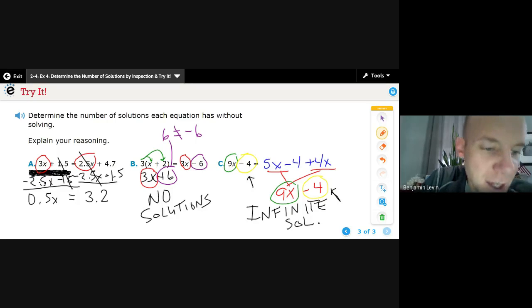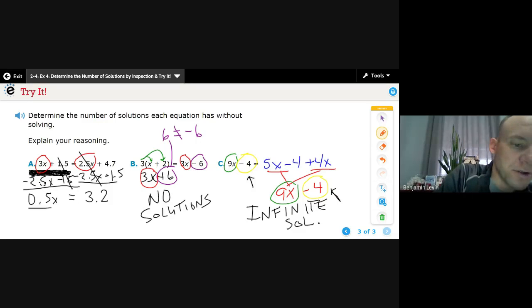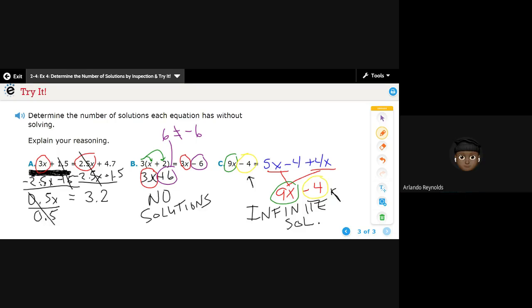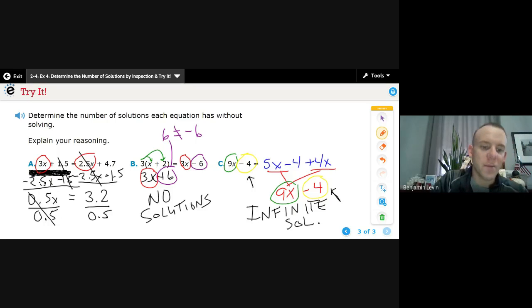So then our last step is going to be division. In order to get rid of this 0.5, we have to divide by it. So 3.2 divided by 0.5.